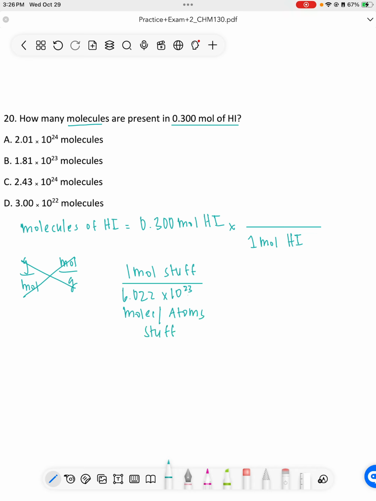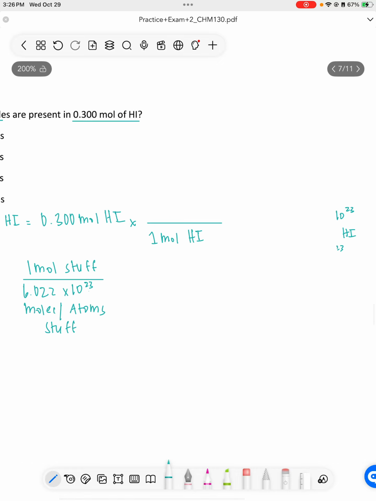And just like over here where we can flip around our conversion factor, we can do the same with this. So we know that there are 6.022 times 10 to the 23 molecules or atoms in 1 mole of stuff.